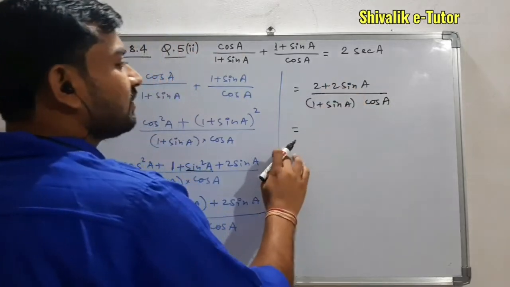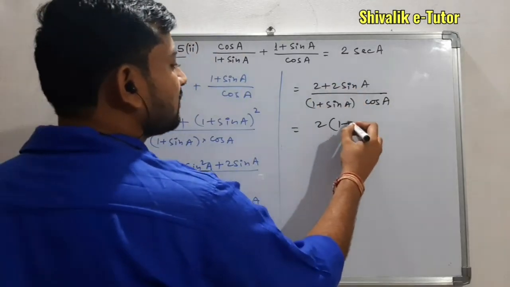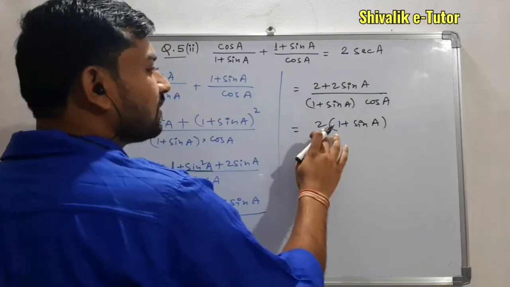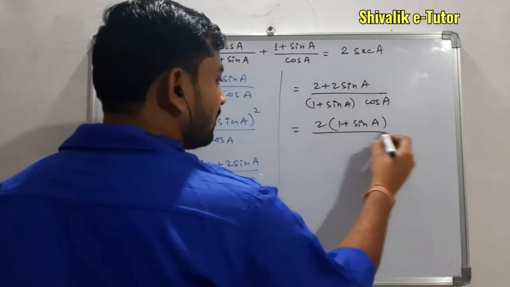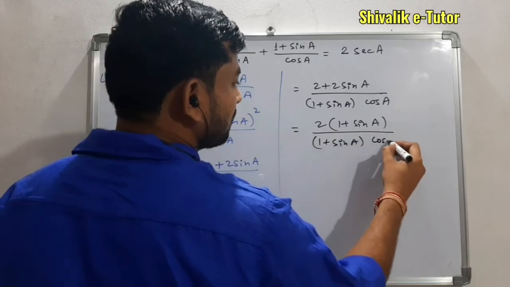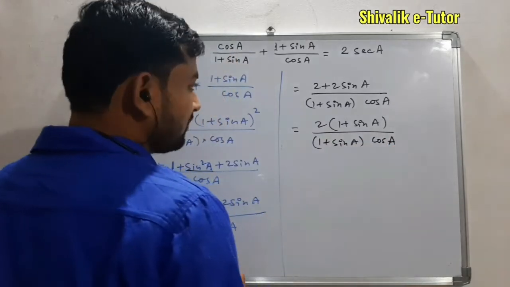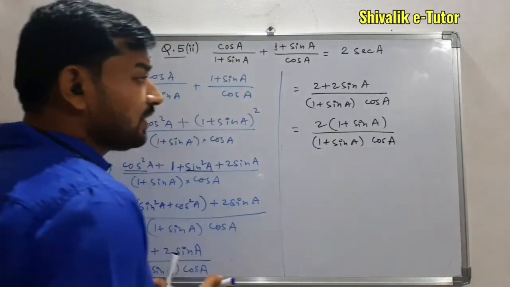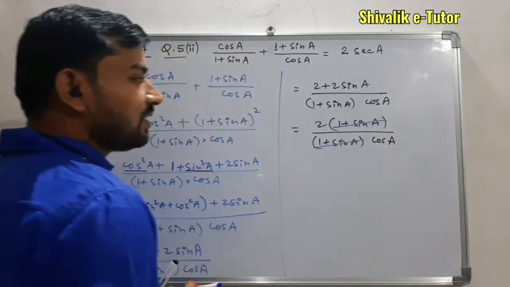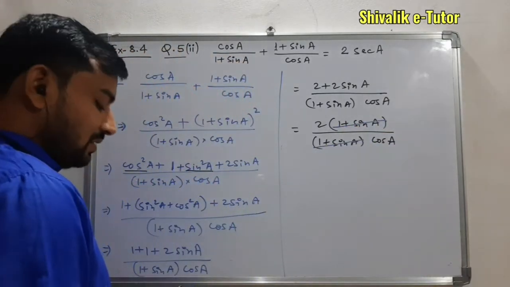Now look at the numerator, we can take 2 common in it, so 1 plus sin a will remain, upon 1 plus sin a into cos a. Look at this, in the numerator and denominator we have the same term, 1 plus sin a, so we can cancel it.